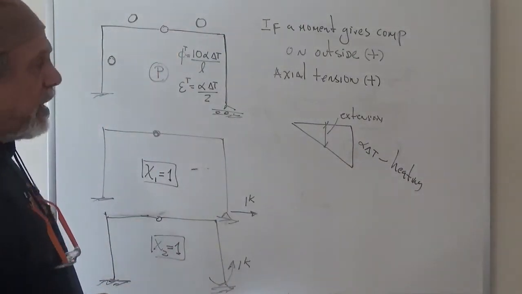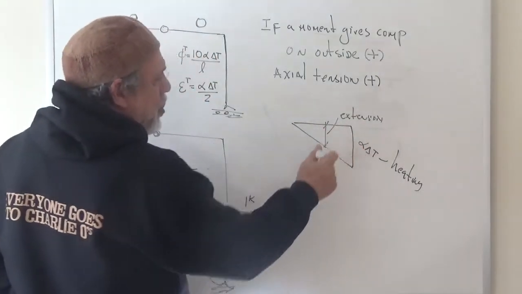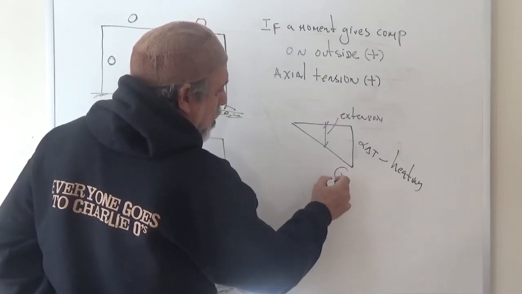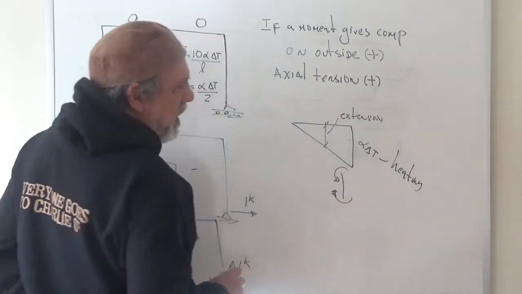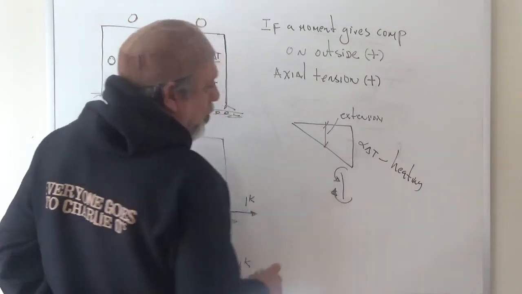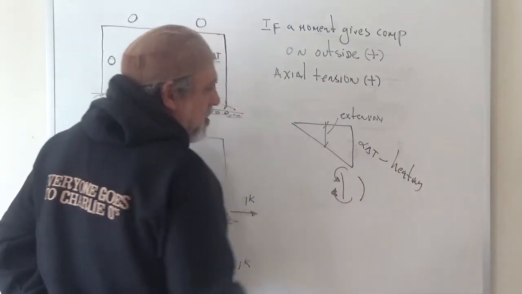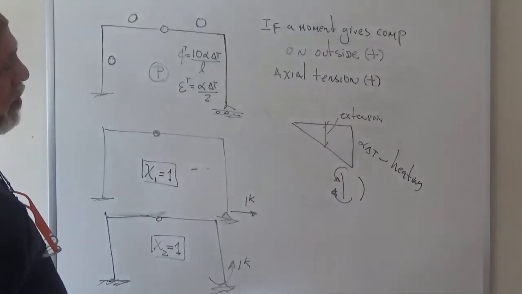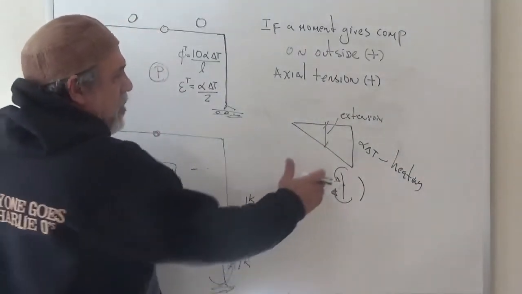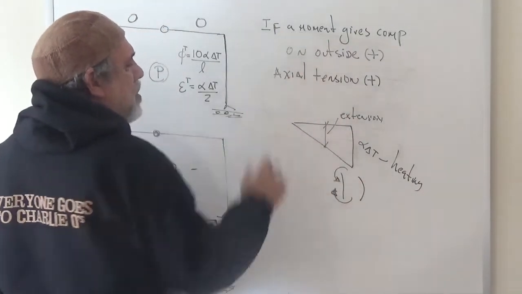convention we chose. Now, the fact that there is extension on the outside means that in our column, the moments that we would be calling plus would be, the moments that would be needed to produce elongation on the outside would be like this, right? So those are the moments that would produce elongation on the outer fiber. Elongation on the outer fiber is the opposite of what I said I would use as plus, right?